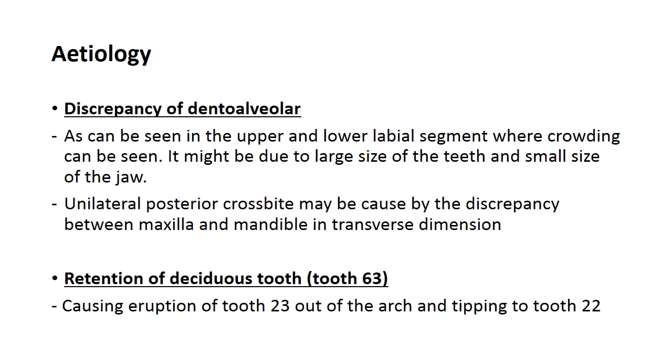Also for the discrepancy of the dental alveolar, the unilateral posterior crossbite may be caused by the discrepancy between the maxilla and mandible in the transverse dimension. For the second etiology, retention of the deciduous tooth, which is tooth 6-3, causing eruption of tooth 2-3 out of the arch and tipping to tooth 2-2.